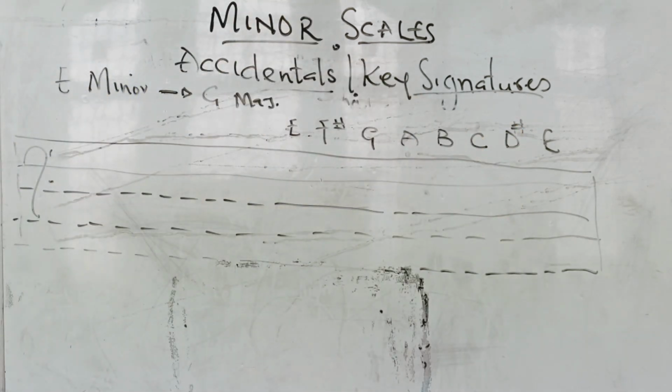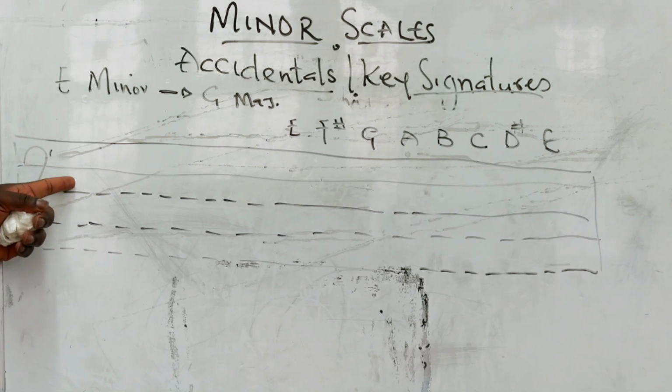So let's do this now. So where is our E? Where is our E? The first line. This is bass clef. Oh, sorry. It's on the 2nd space.